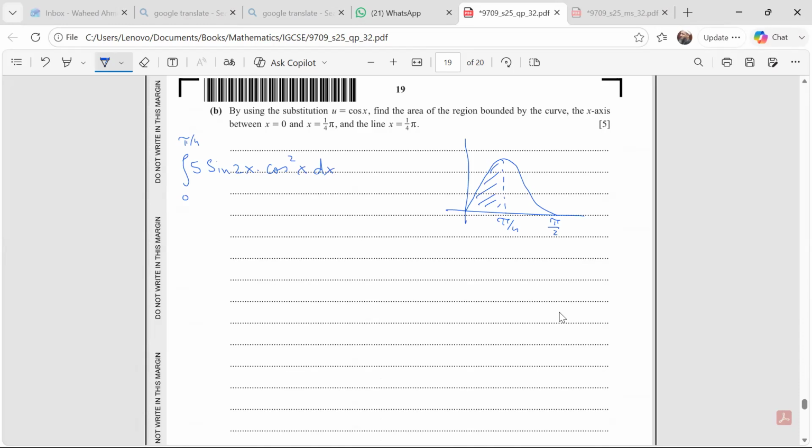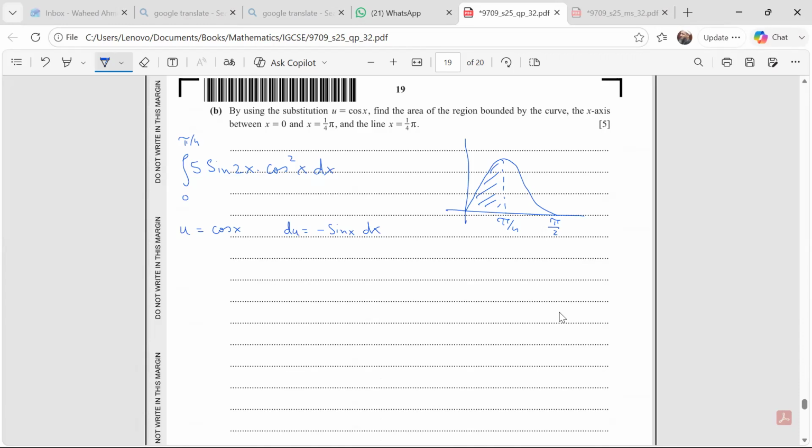They are giving us a very good tool: make the substitution u equal to cos x. So what about du? It is going to be minus sine x into dx, right?